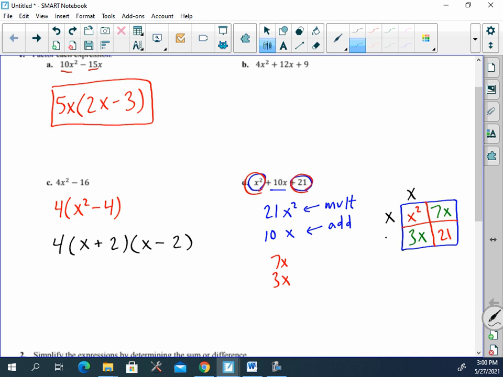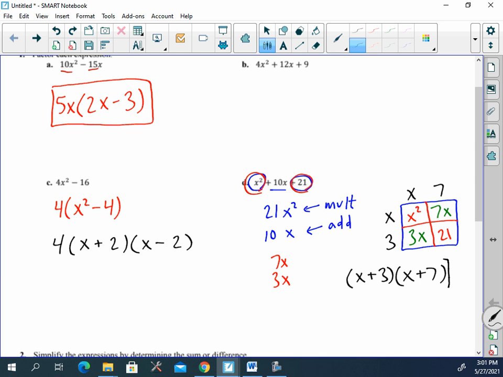Just 3, right? Or plus 3 is fine. And this one up here is going to have to be what to make this all true? 7. So then our factors are what? X plus 3 parentheses, another parentheses, X plus 7.